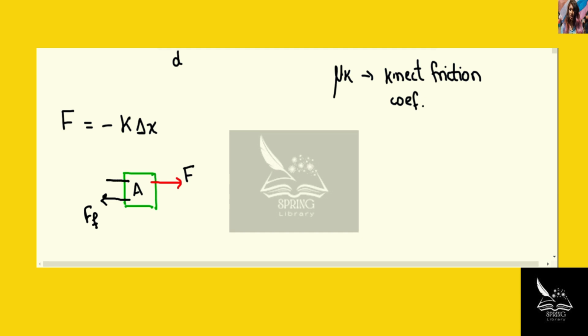And we also have the force that block B exerts on block A, which I'm going to call N. According to Newton's second law, we have F minus N minus FF equal to the mass of block A times the acceleration.